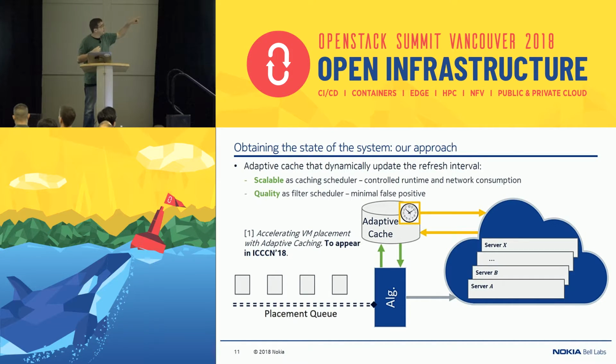So it can scale. And on the other hand, it has quality as good as the filter scheduler, as if I was querying the entire system without actually querying the entire system. So I'm getting the best of both worlds.